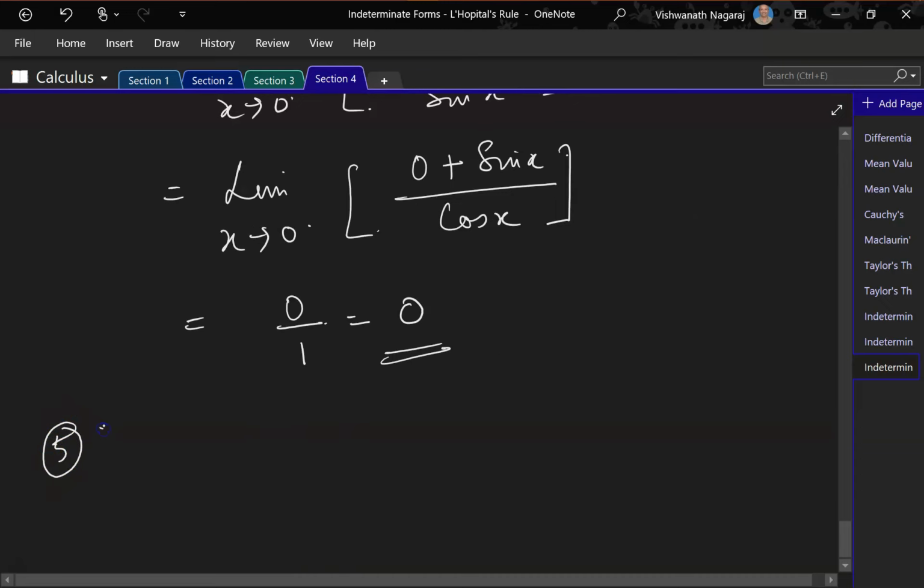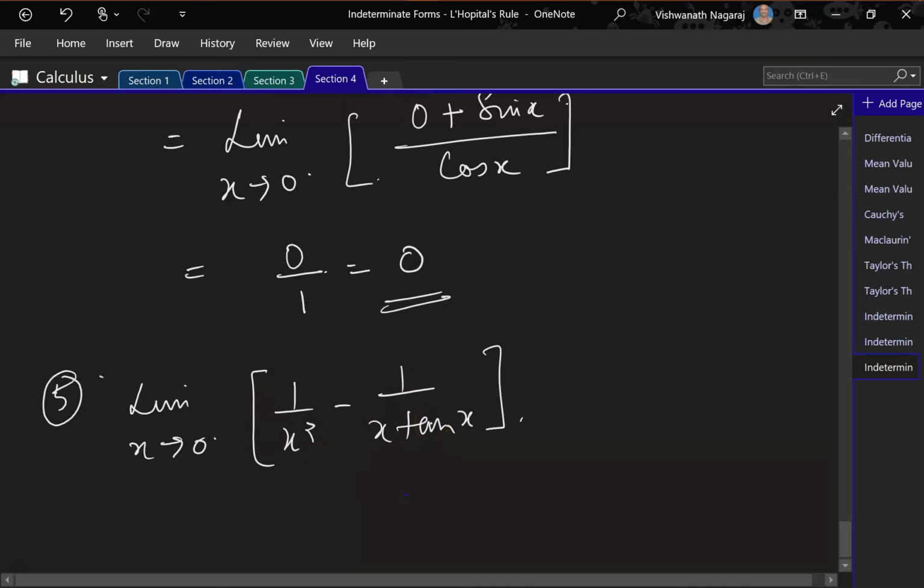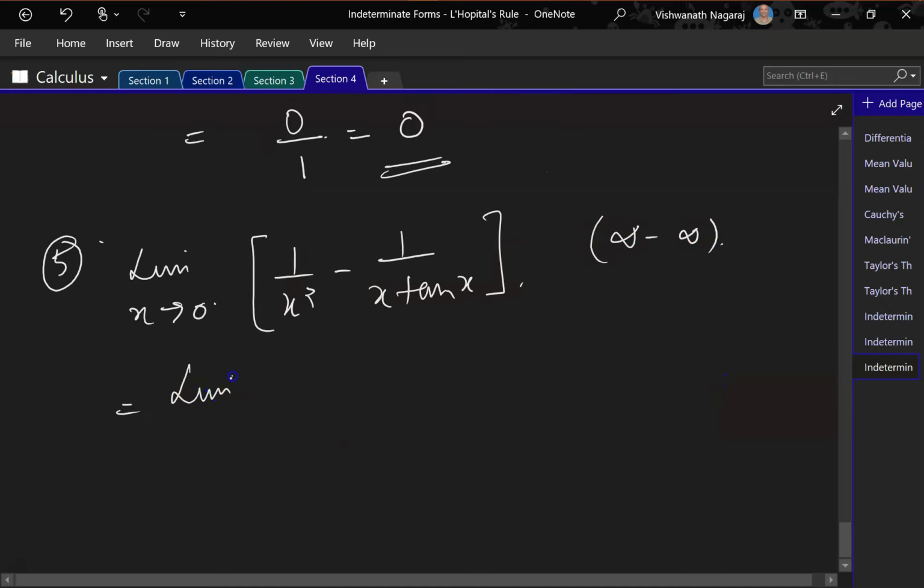Okay. Fifth, limit as x approaches 0 of 1 by x square minus 1 by x tan x. What form is this? This is 1 by 0 and this is 1 by 0, so infinity minus infinity. Let's see what happens when we do the subtraction.